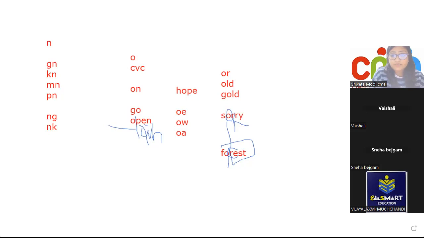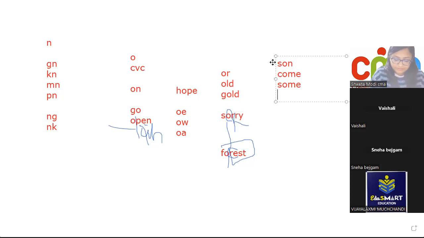Now this O can make a sound also, the sound of letter U, the short u sound, like in the word sun. There are so many words and mostly with N, O-N. Or some tricky words we have already done, come, some.